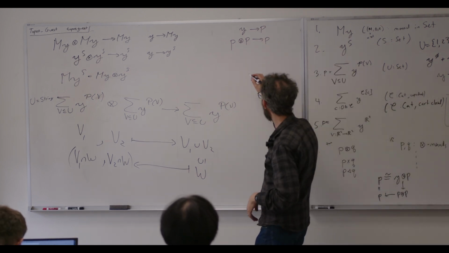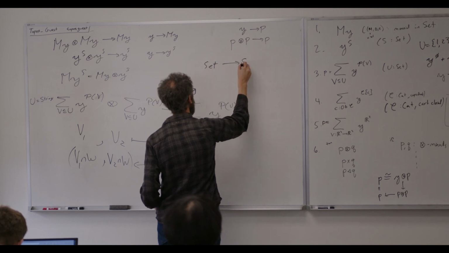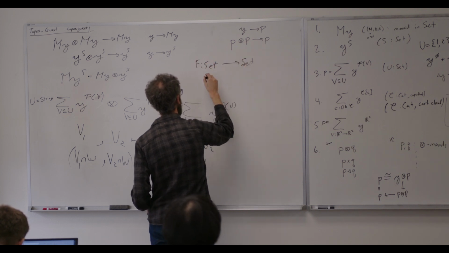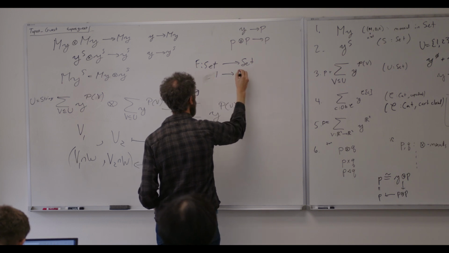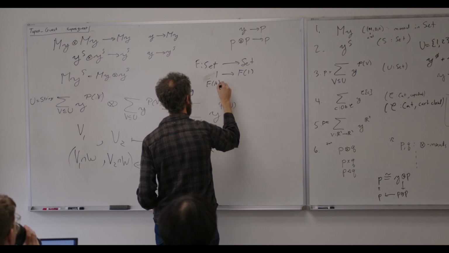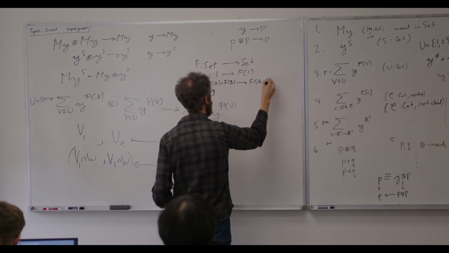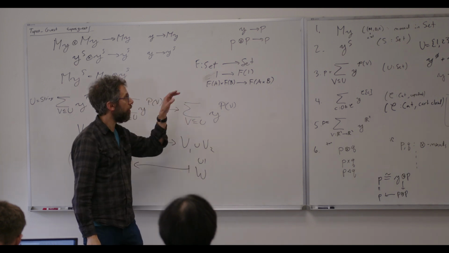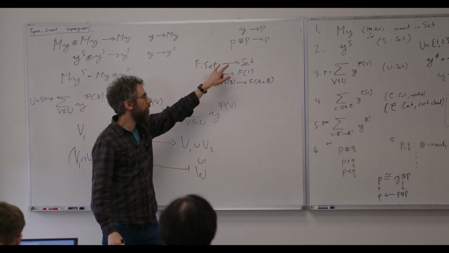Well, a functor from set to set is called lax monoidal if there's a map from 1 to f of 1 and from f of A times f of B to f of A times B. This would be a lax monoidal functor from set, the Cartesian monoidal structure of set with times, to set with times.